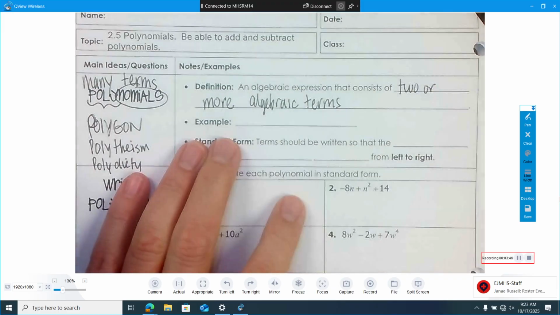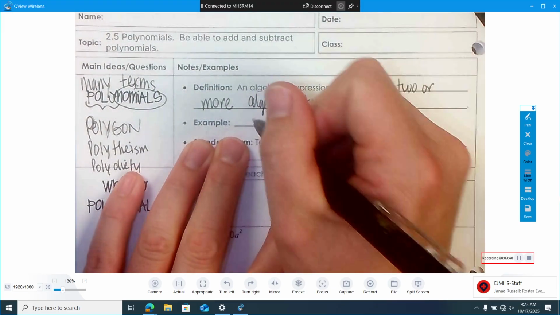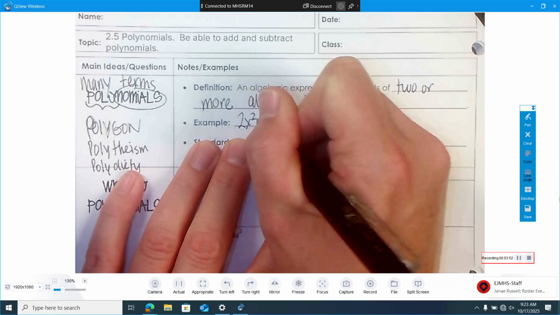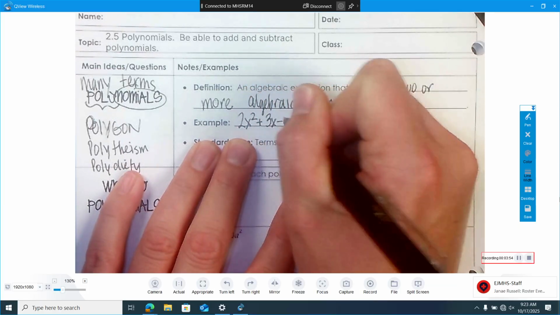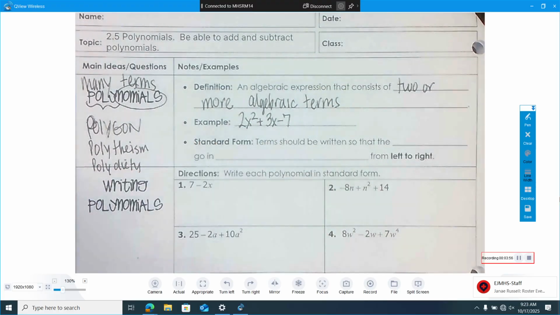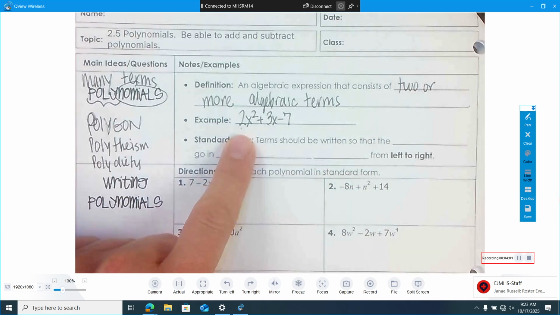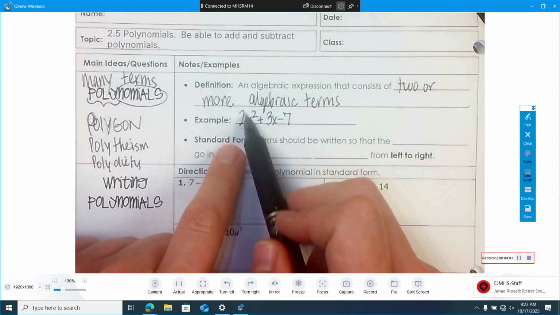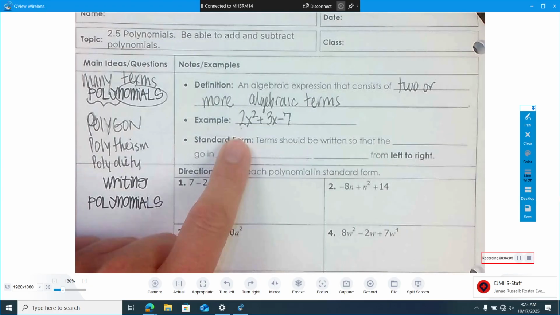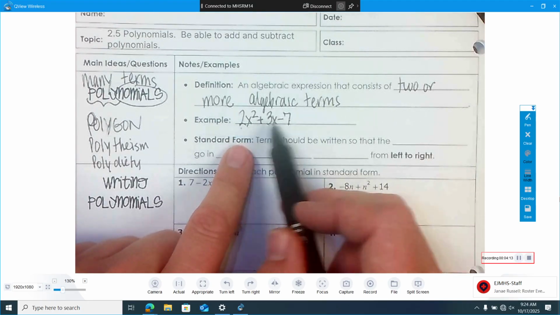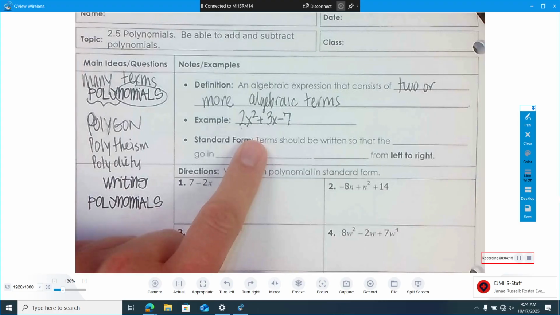And so I could give you an example of a polynomial, something like 2x squared plus 3x minus 7. That is a polynomial. How many terms do you see here? 1, 2, 3. 3 terms. They're algebraic terms because they have letters and numbers, and they're connected with operations, add, subtract, and multiply.